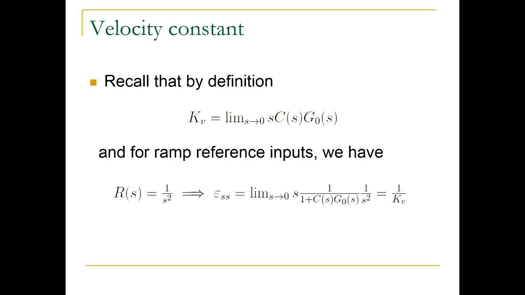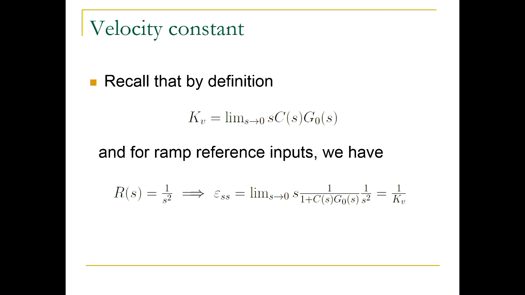I first want to remind you what the velocity constant is. It's the limit as s goes to 0 of s times C(s) G0(s), where C is the compensator transfer function and G0 is the plant transfer function. By the way, why is this velocity constant interesting? Well, it's directly related to steady state errors with respect to ramp inputs, right?